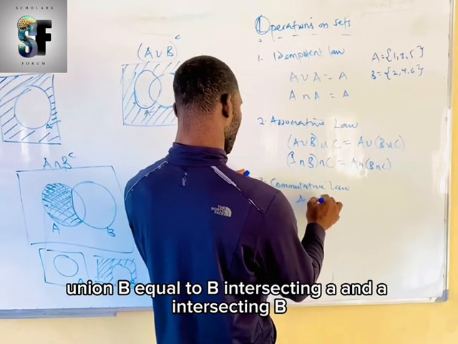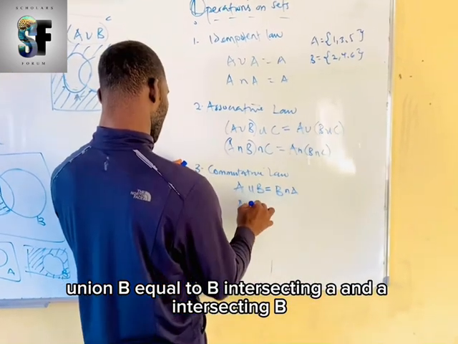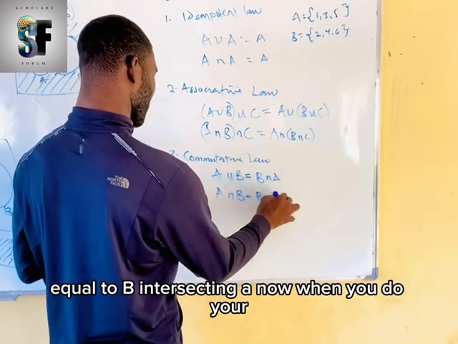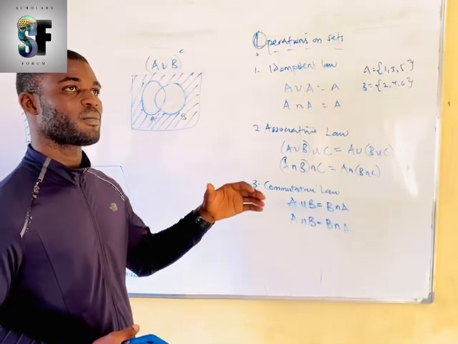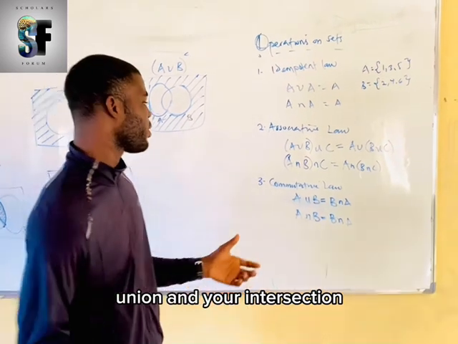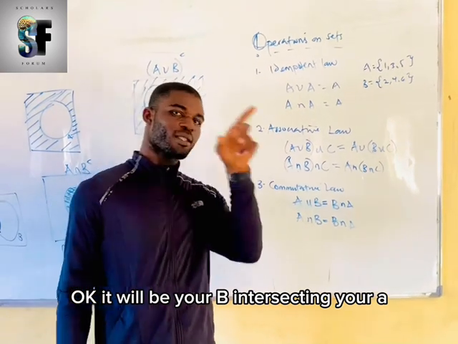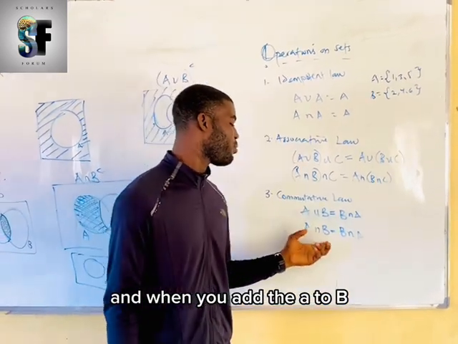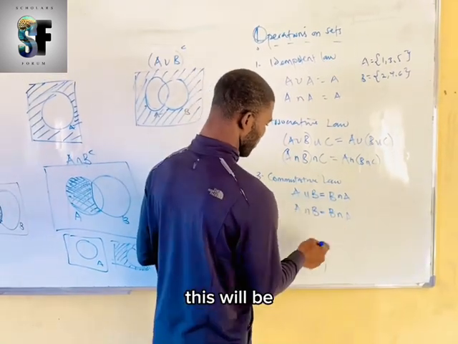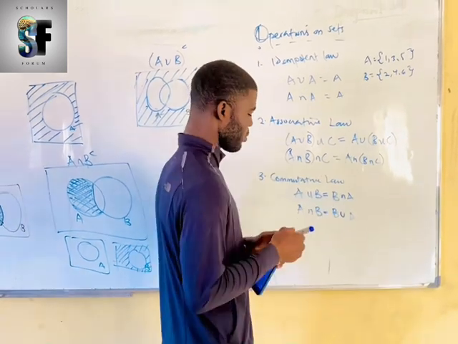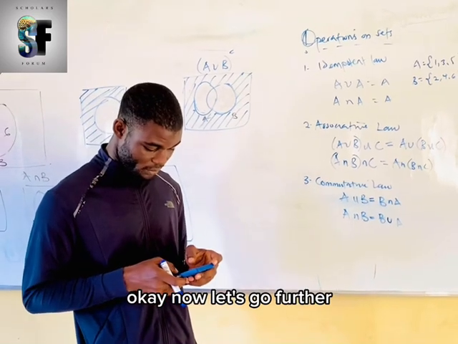This will give you A union B equal to B union A, and A intersecting B equal to B intersecting A. Now, when you do your union and your intersection, you observe that when you add your A to your B, it will be your B and your A. Okay, now let's go further.